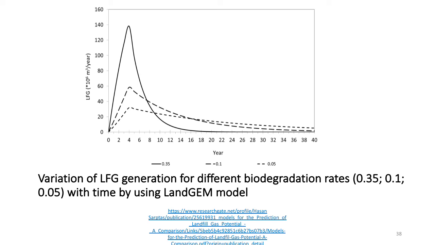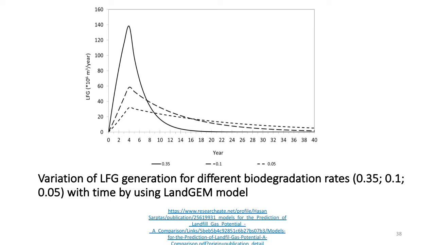So here is the graph showing the results of LFG generation from LandGEM. To define the differences, we have taken the three decay rates which are given below, that are 0.35, 0.1, and 0.05.